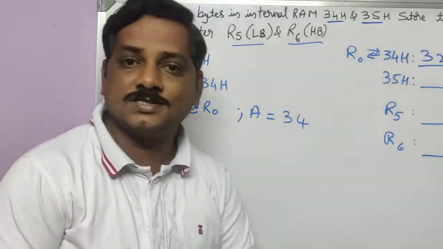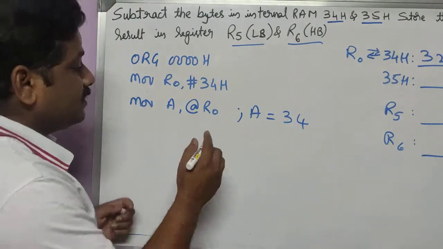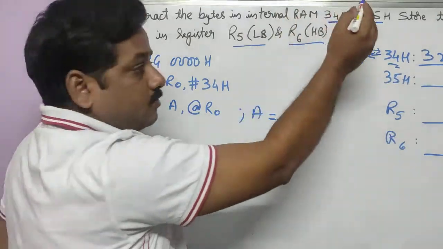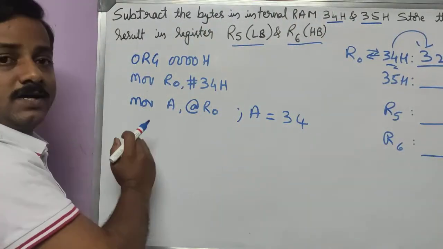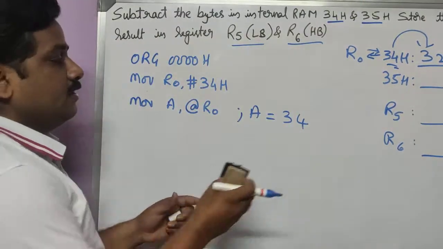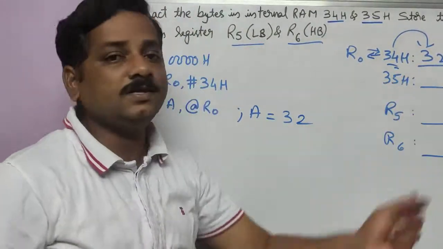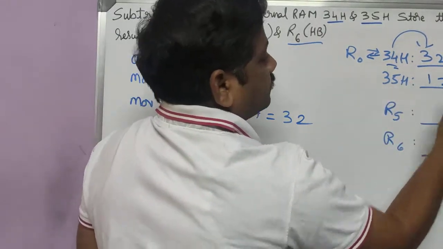This is called indirect register addressing mode. If you write MOV A, @R0, it will go to R0. R0 is 34. At 34, what do you have? This number. That number will be taken and copied into A. So you will get the first data. Let me take the next data and give it as 12.